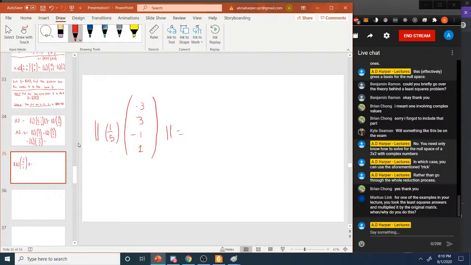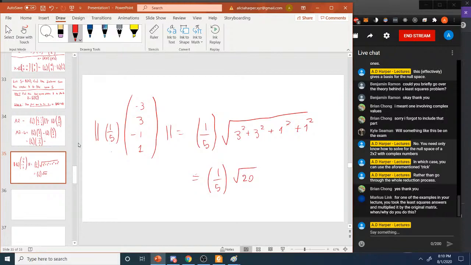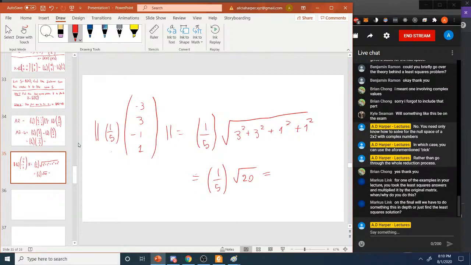And this is going to end up being equal to 1/5 times the square root of 3 squared plus 3 squared plus 1 squared plus 1 squared, which is going to be 1/5 times the square root of 20. And so this will be the same thing as 4 times the square root of 5 divided by 5.